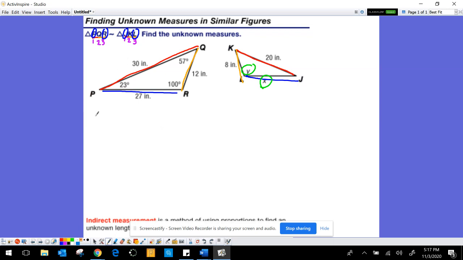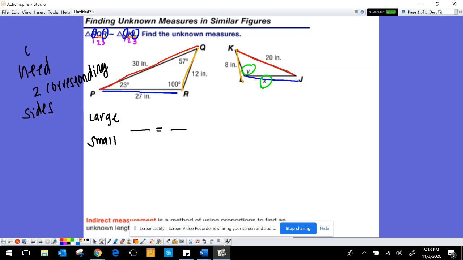When I'm setting up a proportion, I'll do the large shape over the small one. So the large shape, I'm going to pick only two sides. When you have a proportion, you only need two corresponding sides.